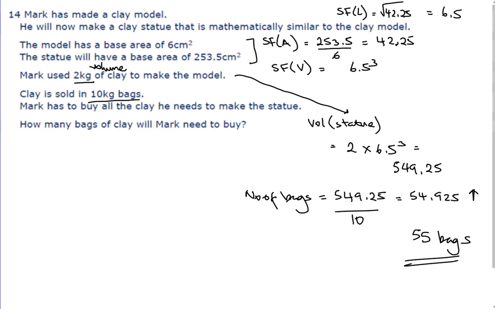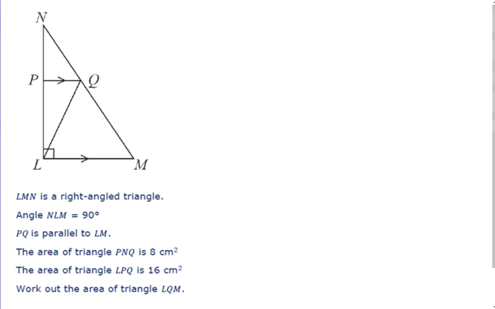Okay, last question. LMN is a right angle triangle, okay? Angle MLN is 90 degrees. PQ is parallel to LM, just in case we need a parallel thing.